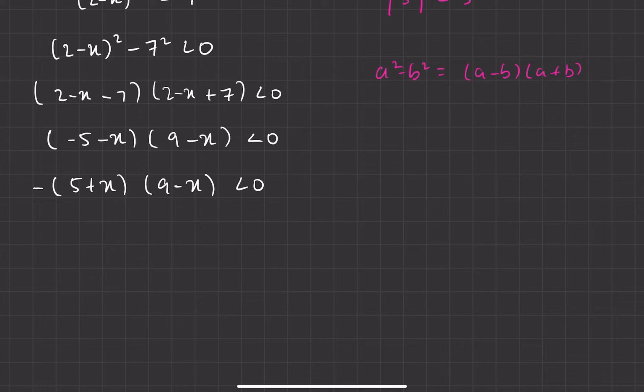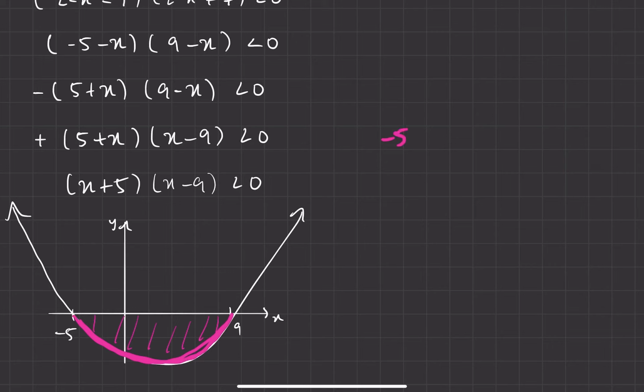So this is 0, which means this part of the graph is the solution. So we can shade these x values, and the answer to this question is minus 5 is smaller than x, which is smaller than 9.